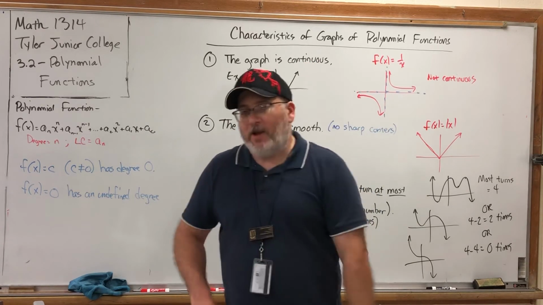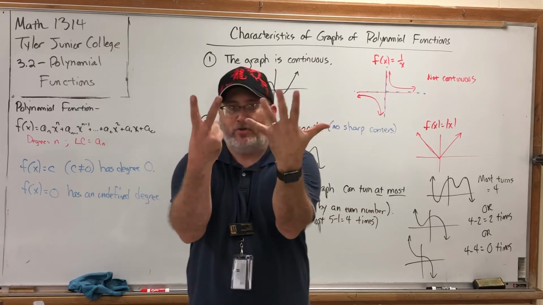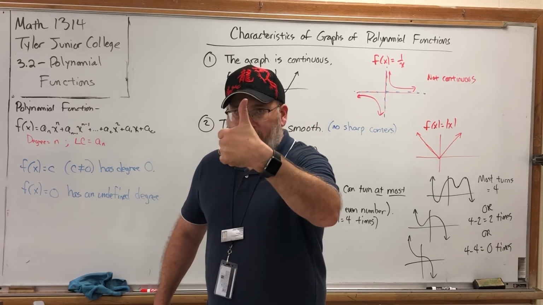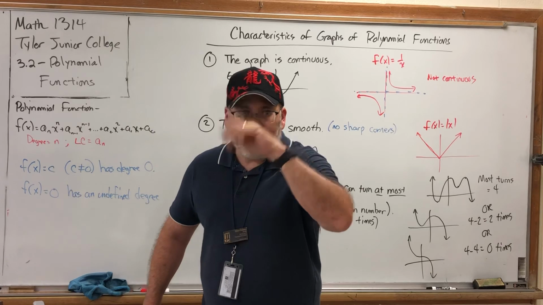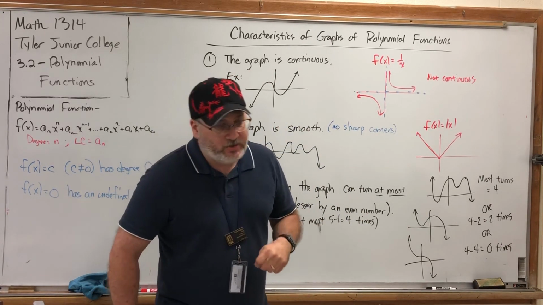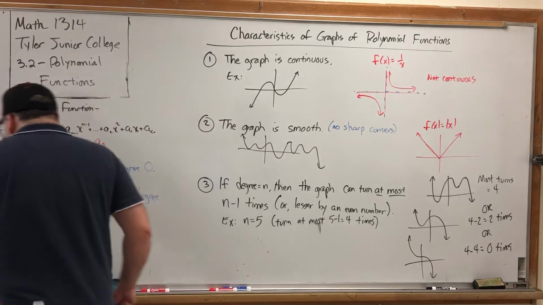So an 8th degree polynomial function could turn 7 times, or 5 times, or 3 times, or 1 time. So one thing you can say about even degree polynomial functions, they all have to turn at least once. Think about it. Not true for odd degree.